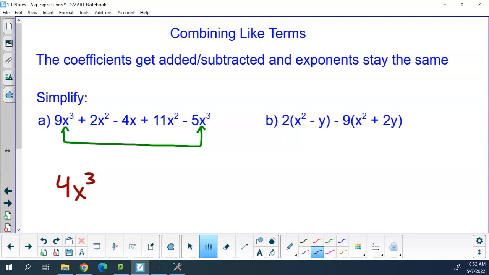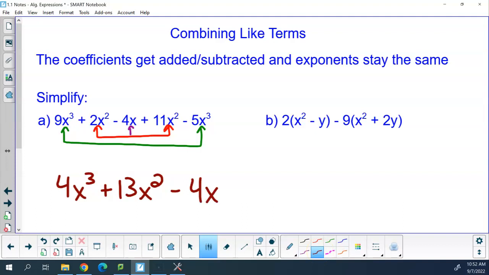Okay? Then I go to my next one. My next one is x squared. Oh, there's another x squared term there. 2 plus 11 is 13. So I have 13x squared. Then I have what's left over in this case, or my next term would be just negative 4x.